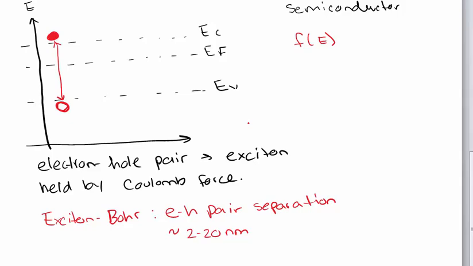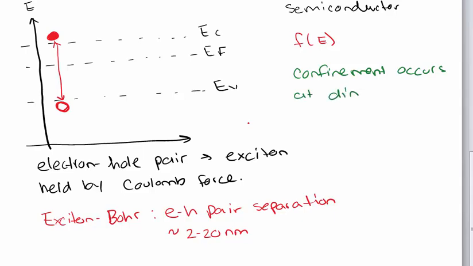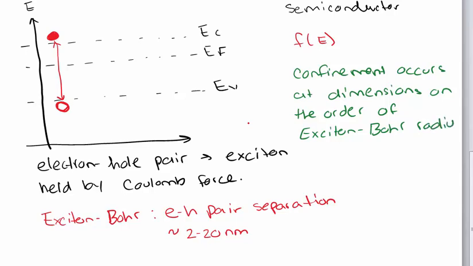So confinement occurs at dimensions on the order of the exciton Bohr radius, which is greater than the interlattice spacing that we need in the case of a metal.